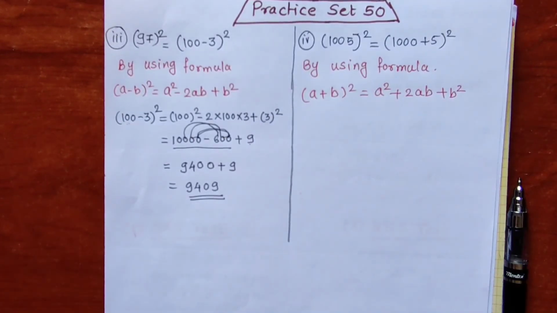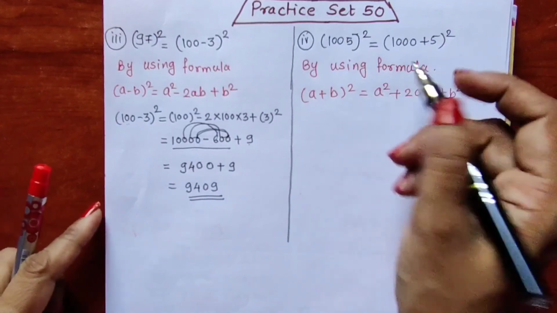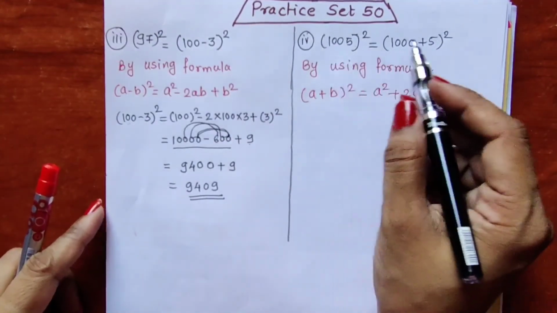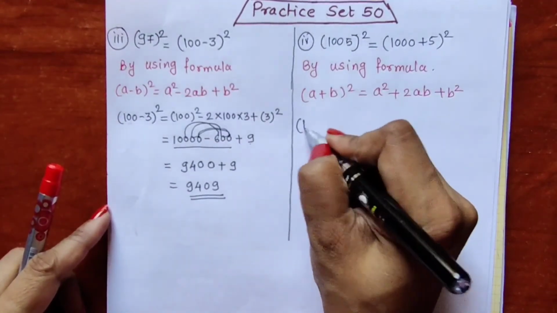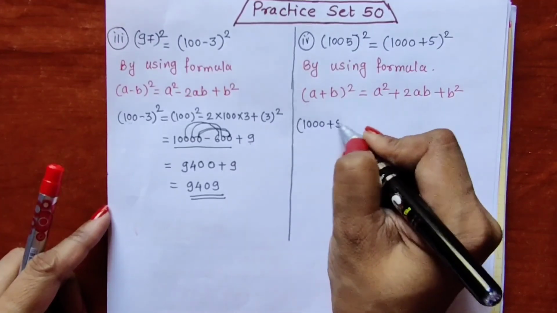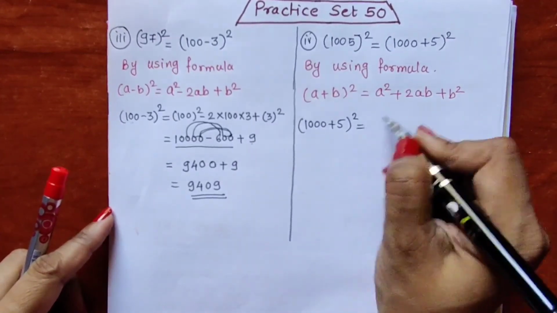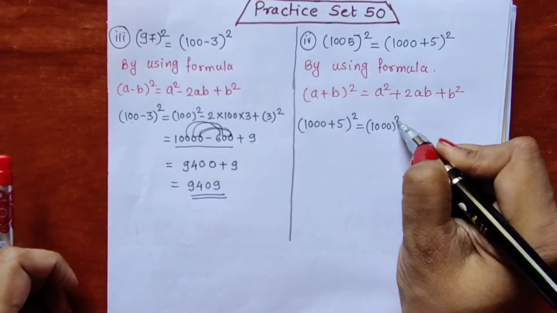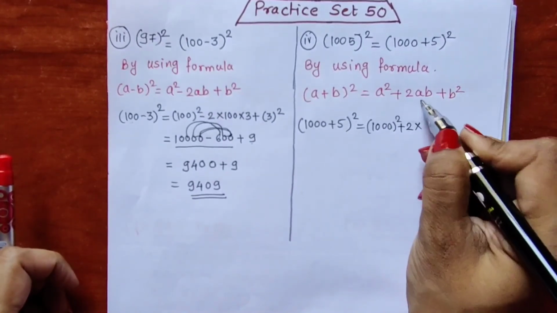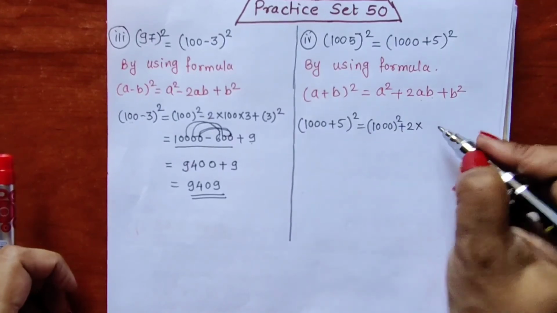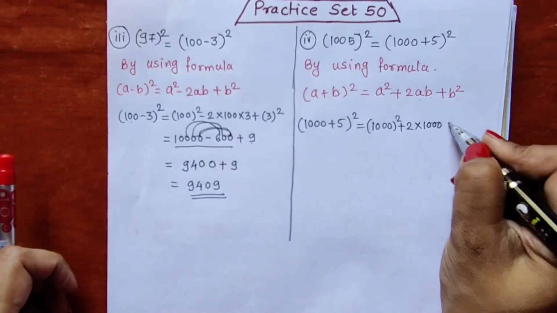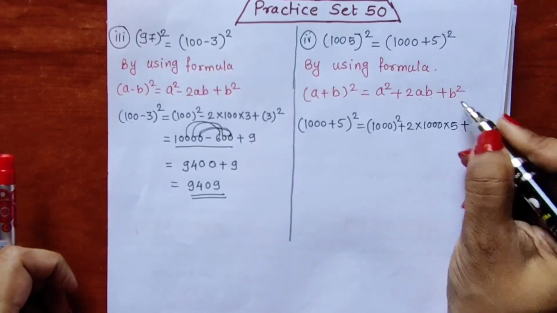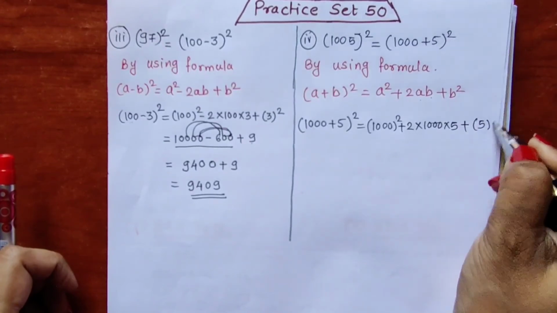Okay, now we will apply this formula to solve our sum. Instead of 1005, we will be writing 1000 plus 5 square. So first term square, first term is 1000, so 1000 square plus 2 multiplied by a into b. A is 1000, b is 5, so 1000 multiplied by 5, plus b square, b is 5, so 5 square.